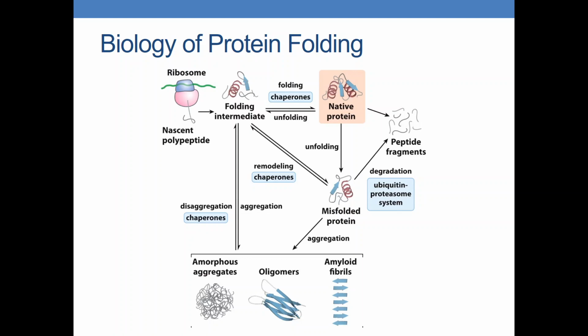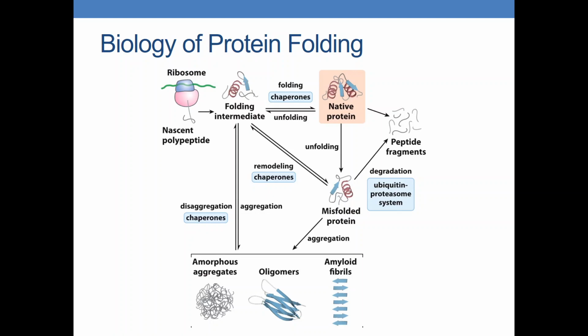So wherever possible, what we're going to do is employ a specialized class of chaperones that facilitate disaggregation. These are often referred to as disaggregases. So they come along and they recognize these aggregates, and imagine this amorphous aggregate as sort of a ball of yarn. These disaggregases bind to these amorphous aggregates and start sort of tugging on that ball of yarn.